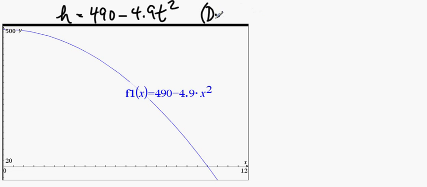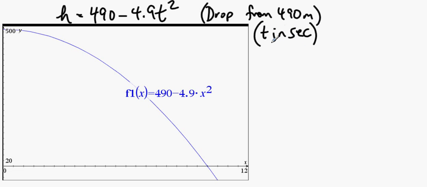So sorry. We're going to assume that we drop the ball from a height of 490 meters, and we're going to assume that time is in seconds. That's how that 4.9 becomes possible. And there's some decimal places afterward, but it's good enough for now. So 490 minus 4.9 t squared.